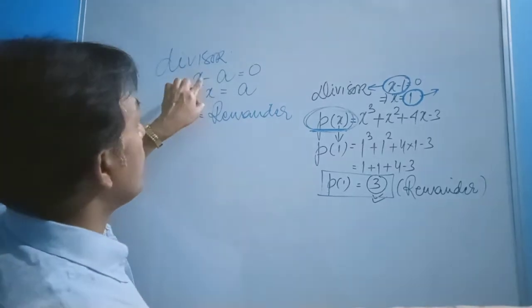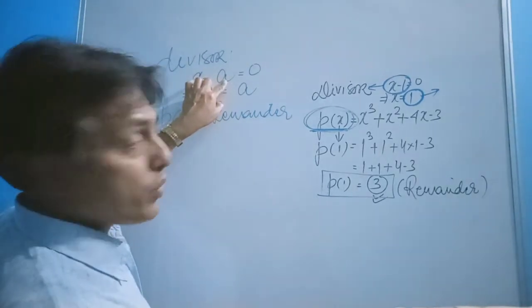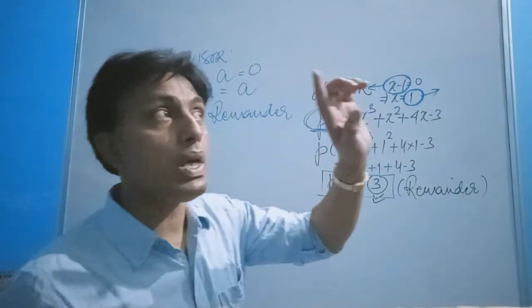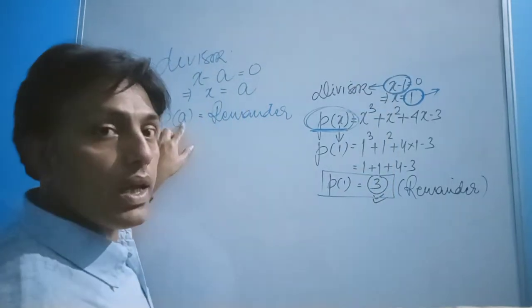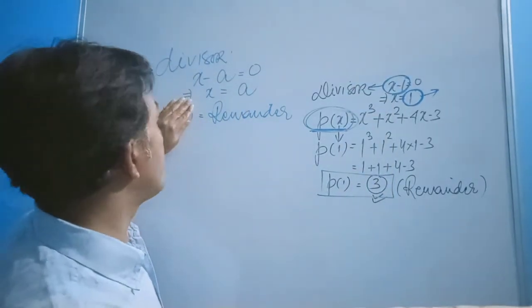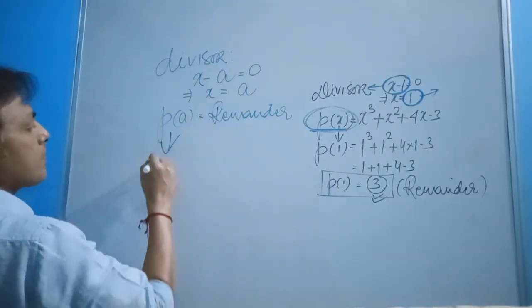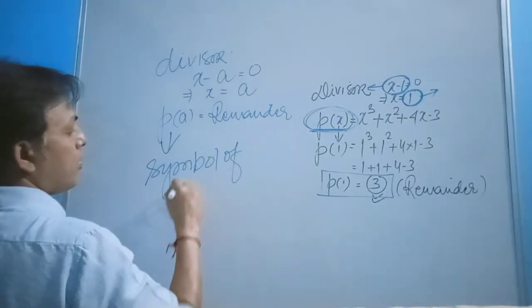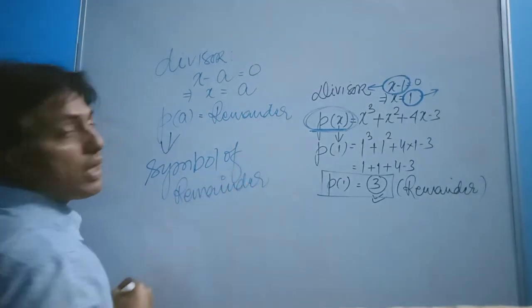Here we are going to divide by x minus a. So we need to get the value of x, that is a. So p from polynomial and a in place of x. So p(a) becomes the symbol of the remainder.